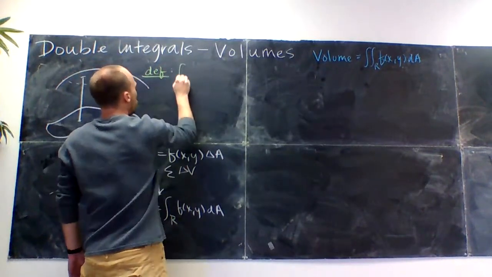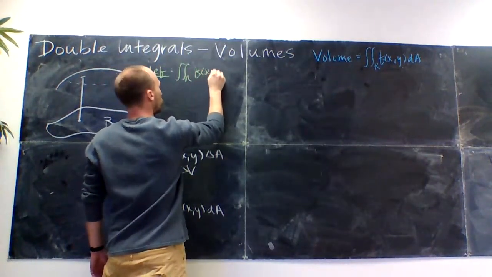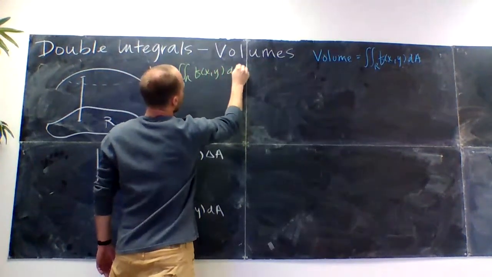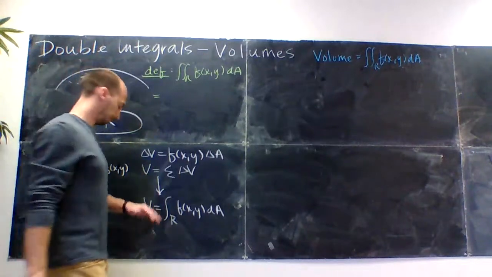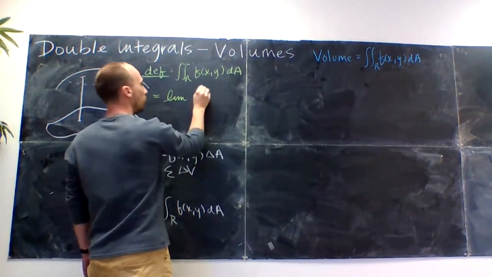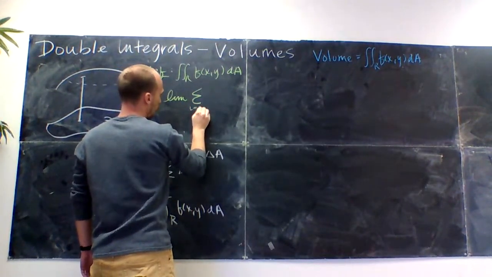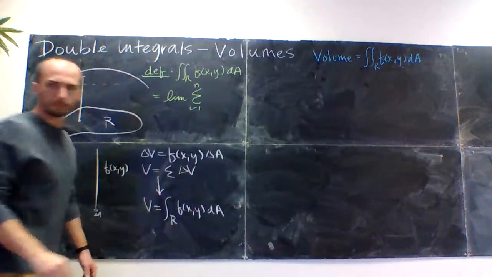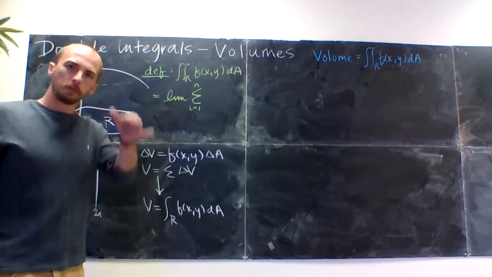So the double integral over R of some function dA is given by, just like before, the limit of a Riemann sum. This is going to be the limit of the sum as i runs from 1 up to n. I'm just going to add up all these small pieces of volume, these little sticks.